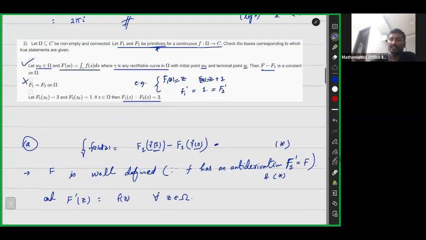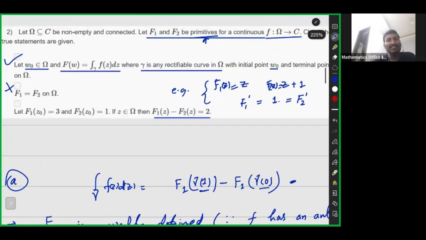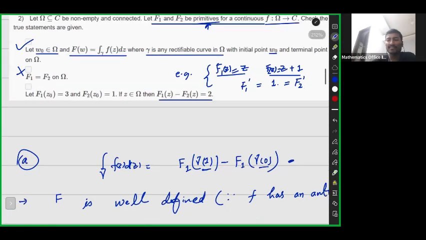See it once more, and some of you can explain, because I have already explained what F1 and F2 look like. Their difference is constant everywhere.